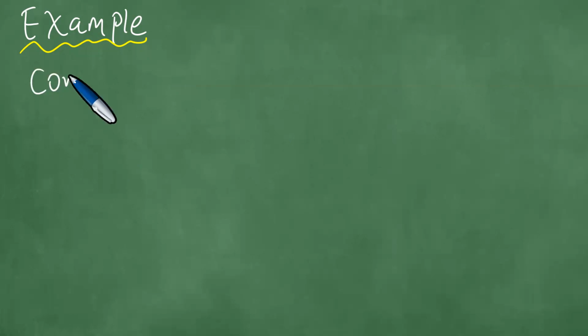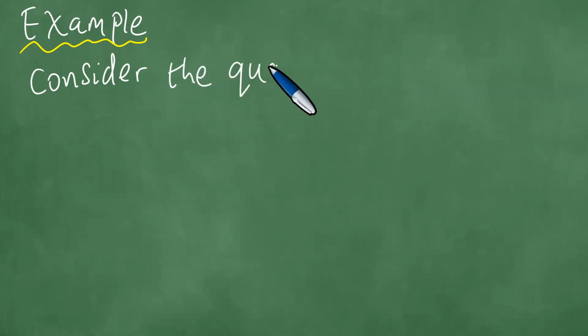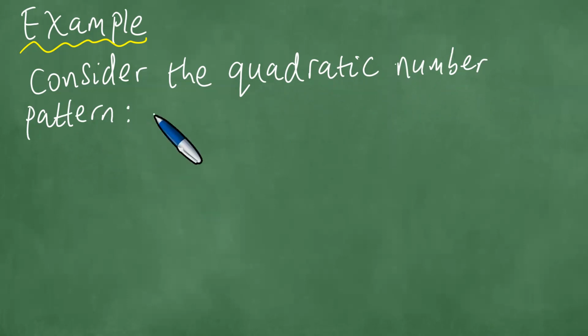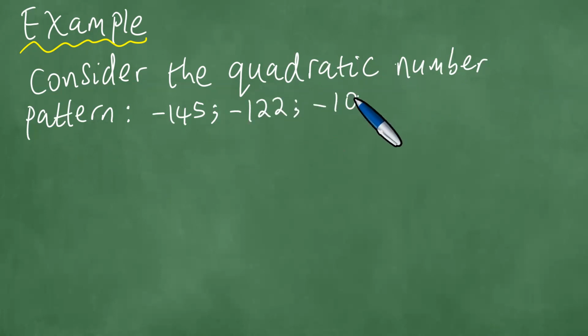Consider the quadratic number pattern, which is minus 145, minus 122, minus 101.